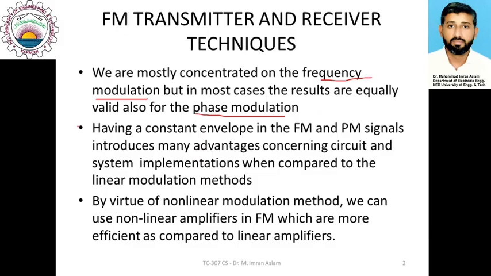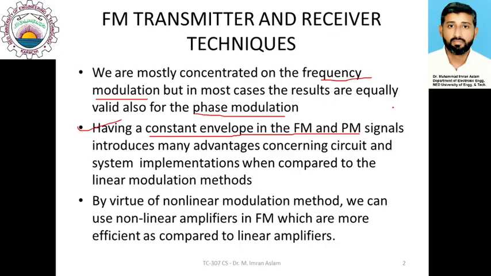One important thing that we have previously discussed is that both FM and PM have constant envelopes. And having a constant envelope gives certain advantages regarding the physical implementation of circuits and systems that are used for generating and detecting FM and PM signals.